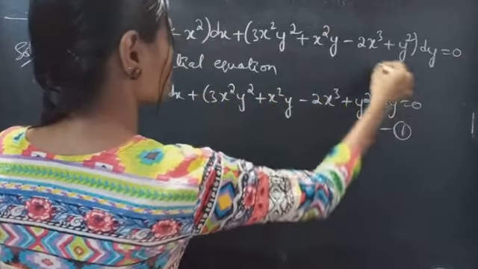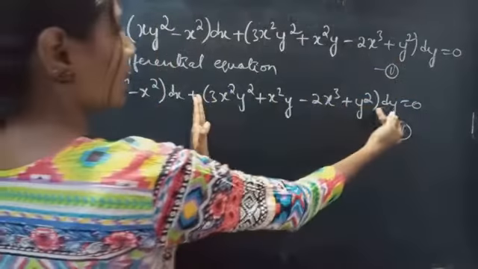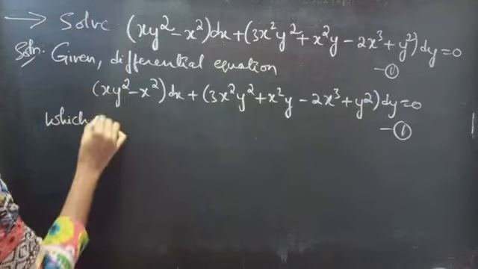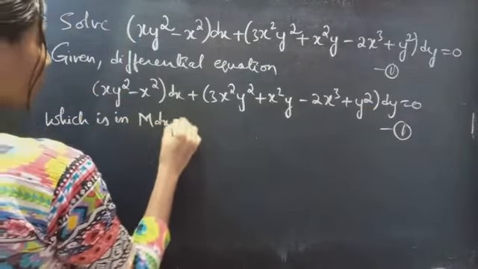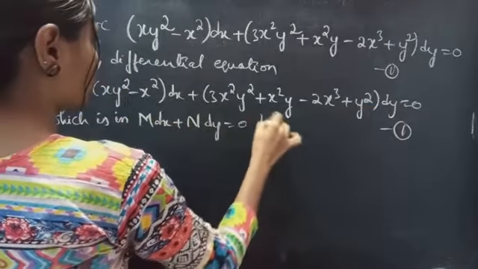Consider the given equation as equation number 1, which is in Mdx + Ndy = 0 form.